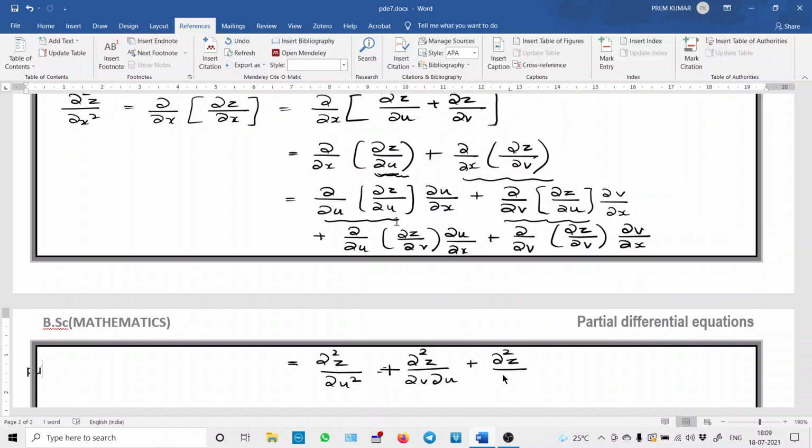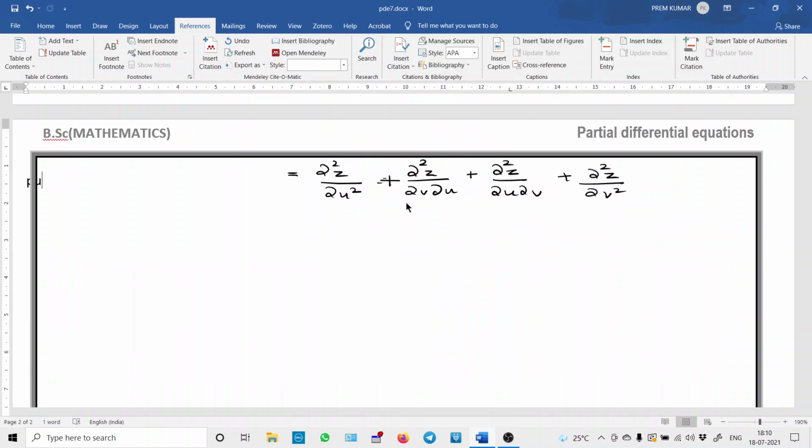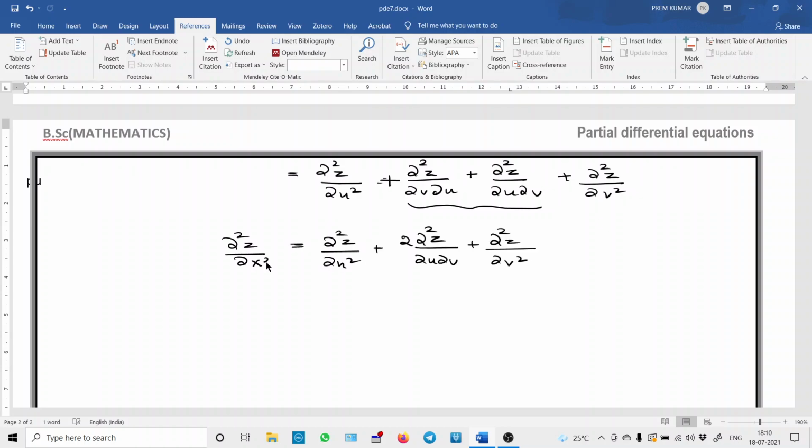So we get like this, and both these things are the same if z is continuous. So ∂²z/∂u², and this one we can write as 2 times ∂²z/∂u∂v, plus ∂²z/∂v². This is nothing but ∂²z/∂x².